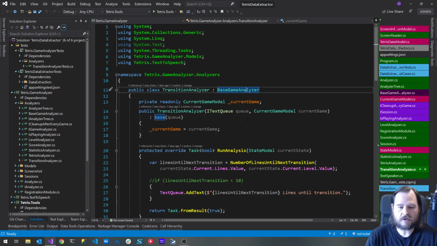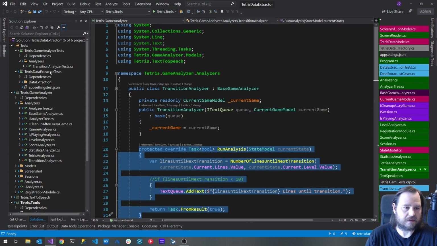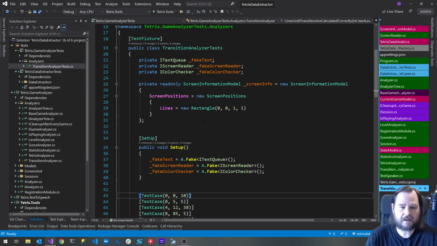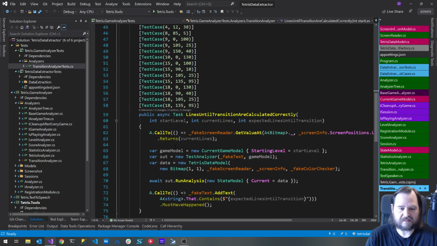The test is trying to test this run analysis method, and in order to do that, I was creating rectangles and making game models, and it was kind of a nightmare. And I stopped last time.